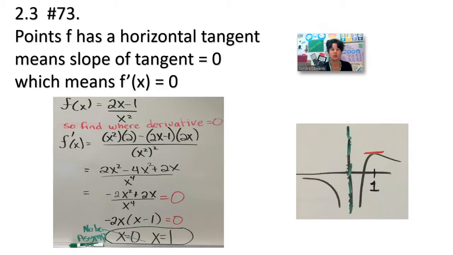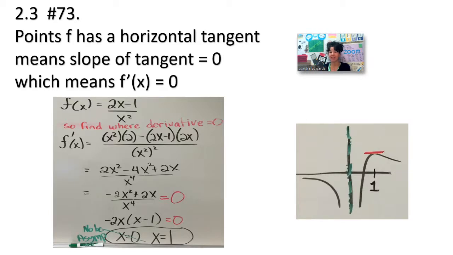However, looking here, if you were to substitute 0 back up here, you would end up getting negative 1 over 0, which is undefined. That is because we have a vertical asymptote there. If you substitute 1 back into the original, you get 0 over 1, and that is truly equal to 0.